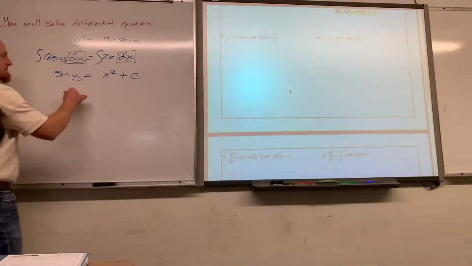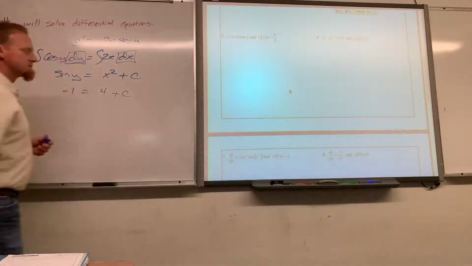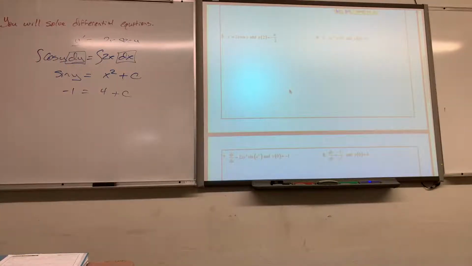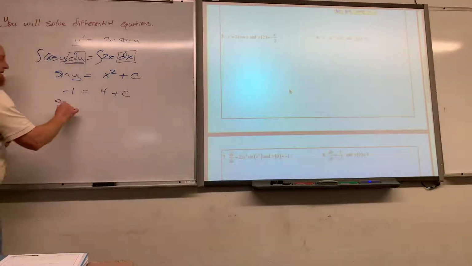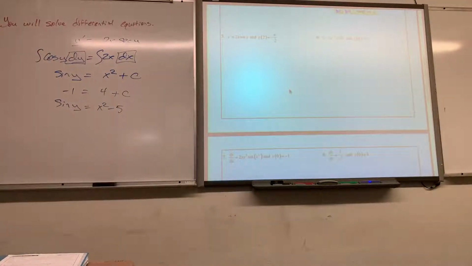Negative 1. Plug in the 2 here, which gives me 4. So that means c is going to be negative 5. So I get sine of y equals x squared minus 5. Last thing to do is get y by itself. Hunter, what do I do to get rid of that sine?